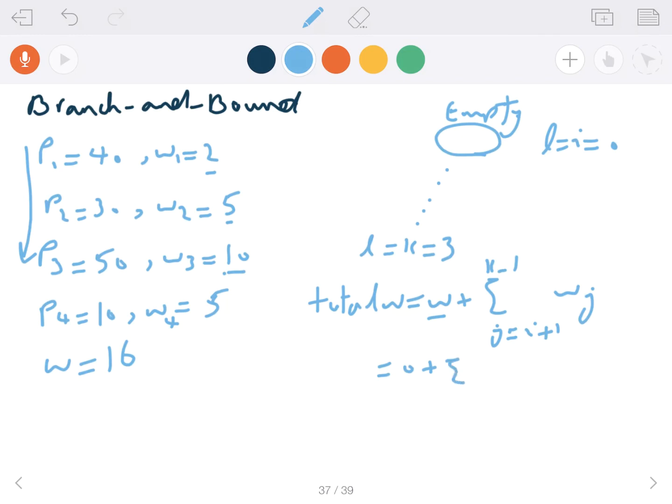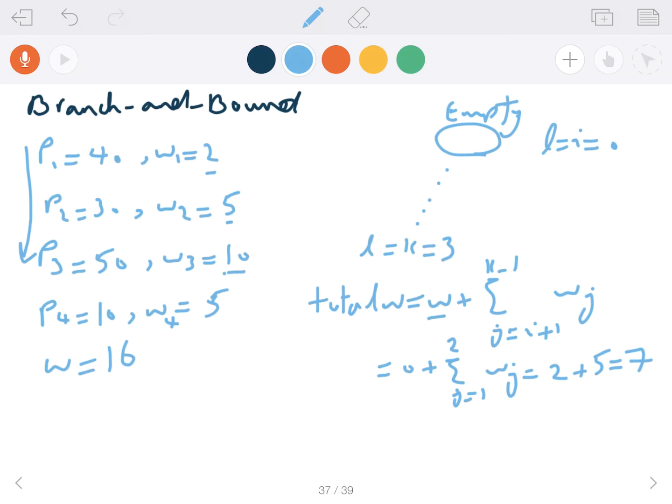So we will have the sigma of j equal to 1 to k minus 1, that is 2, of wj. This is equal to w1 plus w2, that is 2 plus 5, which is 7. So the total weight will be 7.